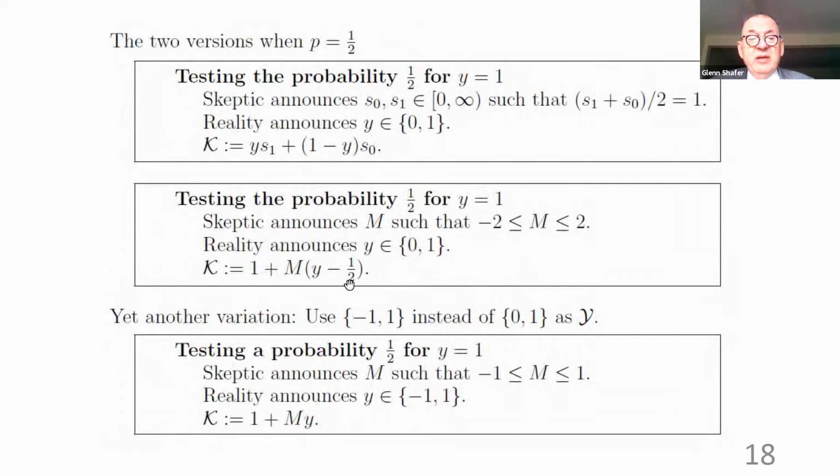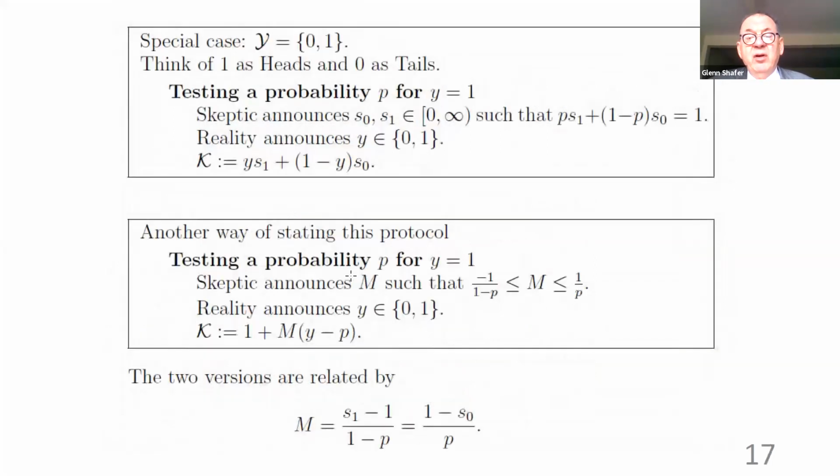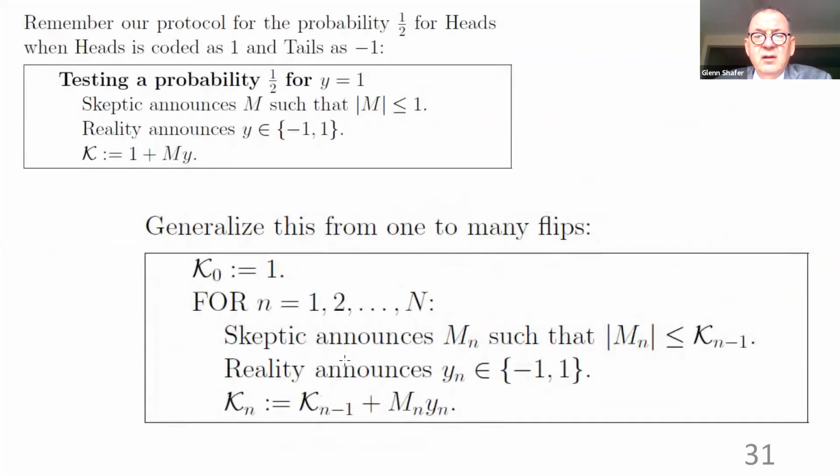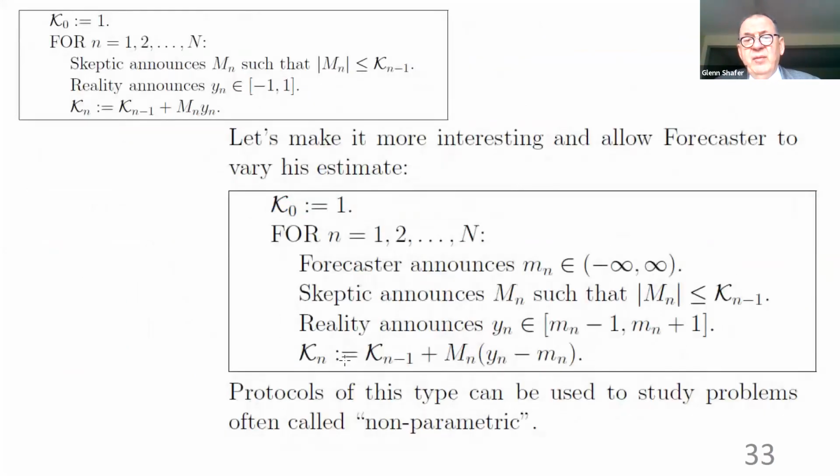Or more generally, it was minus P. Down here, we had the amount bet times the outcome minus the probability, which is the prediction. So what we've done is we've generalized from heads and tails. Here, we're generalizing from heads and tails to estimating some number. And we're betting against that estimate.